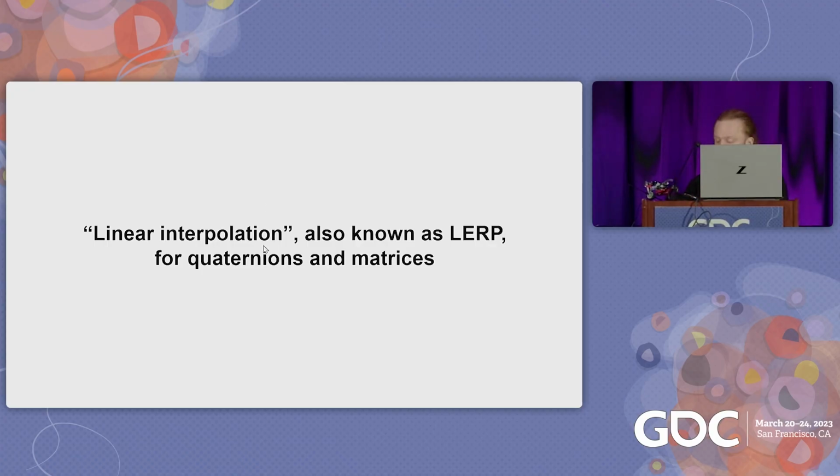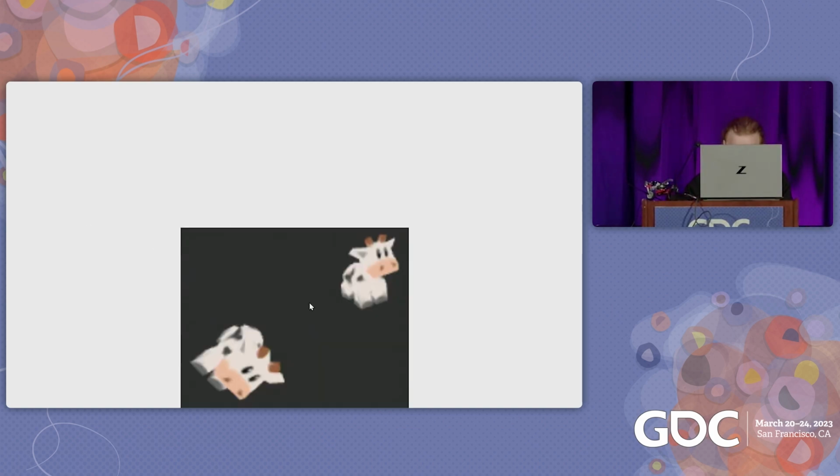Linear interpolation is a very important animation technique. It's also useful if you're a game programmer, because suppose that you've got a cow here, and you've got a cow here, and what you really want is to go from there to there, but by a certain amount, right?